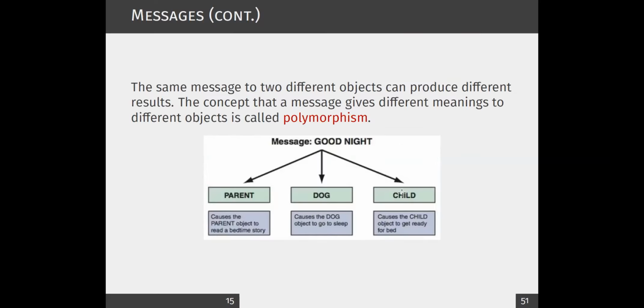Now, if you look at what will happen to the message, depending on what message is passed to different objects, they can perform differently. This is polymorphism, which means that there are many forms.